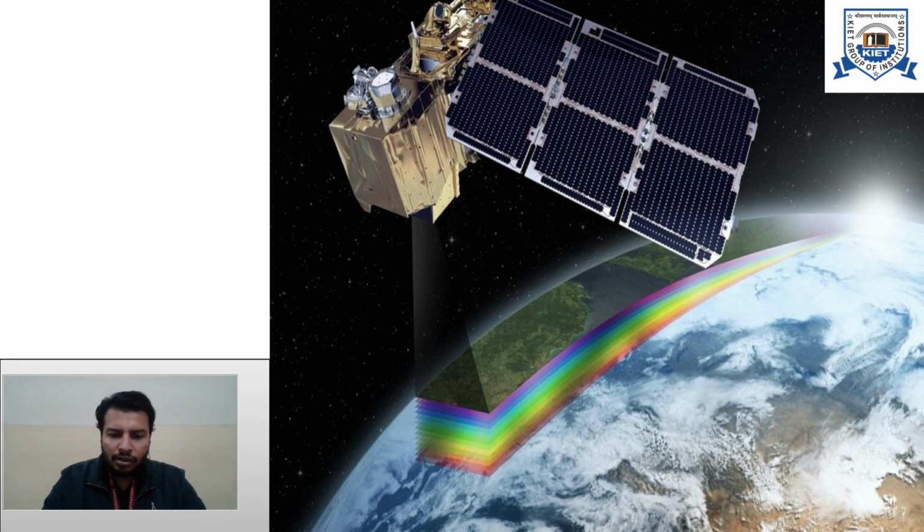So basically what is done in remote sensing, we are gathering information without coming into physical contact. You can see in this diagram that there is one satellite that is able to cover vast areas on earth, and we can capture those details in various electromagnetic bands or spectral bands.